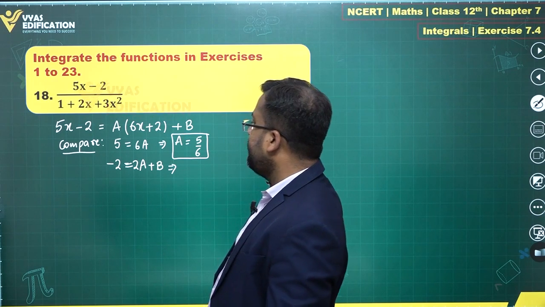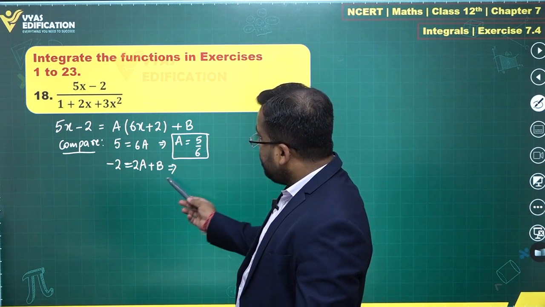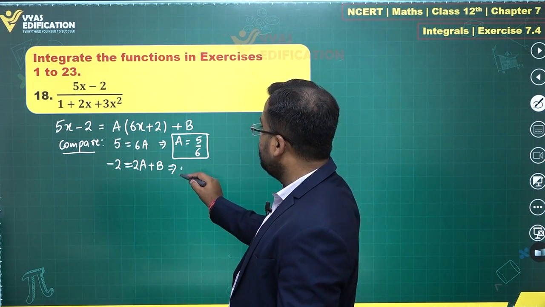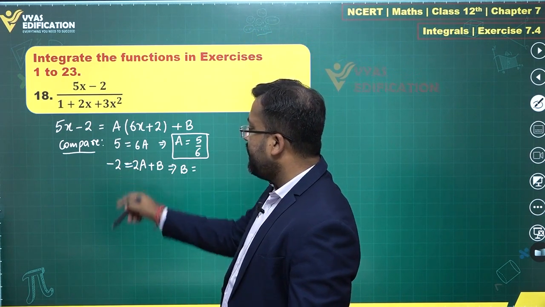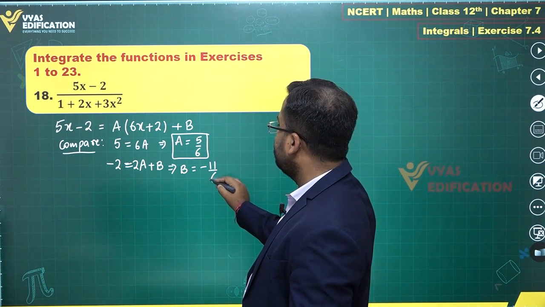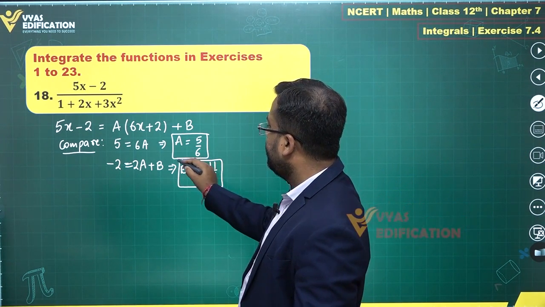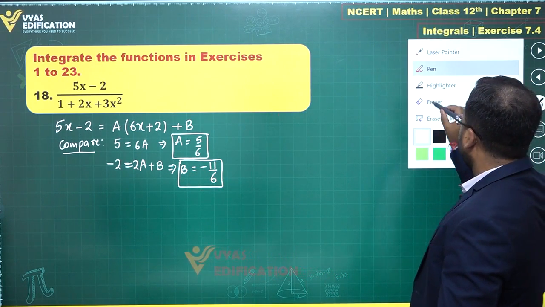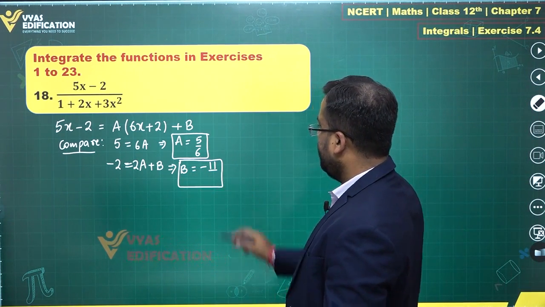And that tells me since a is 5 by 6, this is 2 times 5 by 6, which is 5 by 3. So b is equal to minus 2 minus 5 by 3. Okay, this is minus 11 by 6. That's what you get. Minus 11 by 3, not 11 by 6. It's minus 11 by 3.